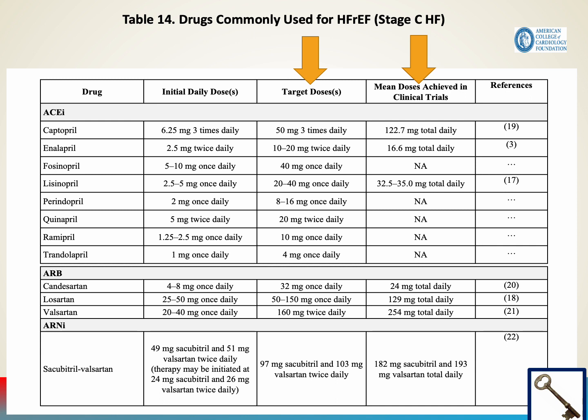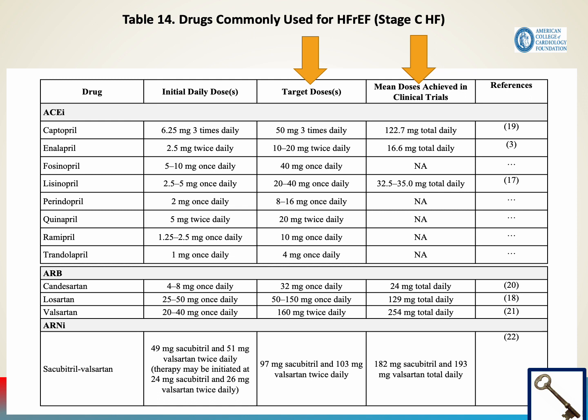Let's look at a couple of columns in the next couple of charts. These are commonly used drugs, but then they tell you what are target and maximum doses. And the target dose and or the mean doses achieved in the clinical trials are pretty high.